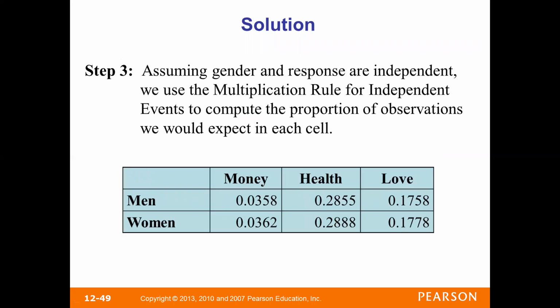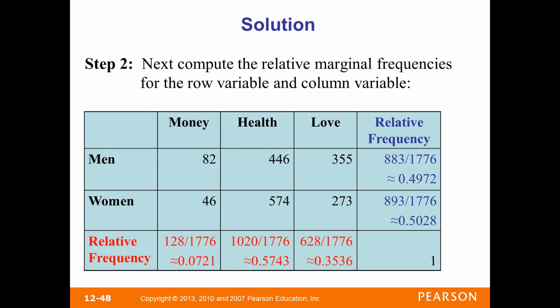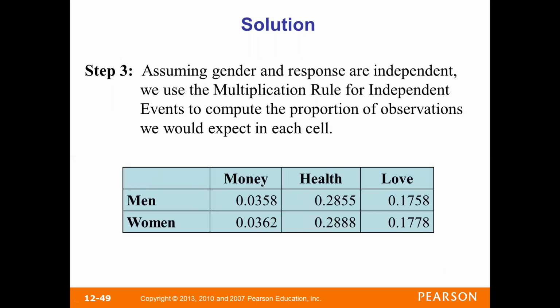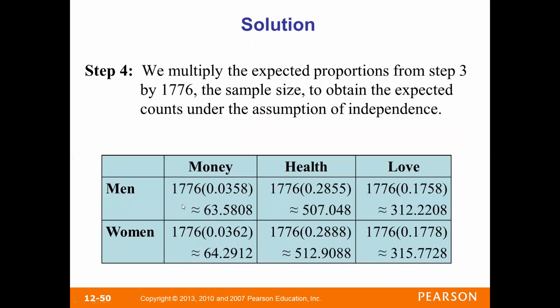Notice that that does give the following relative frequencies. If I multiply each of those by 1776, I get 63.58, a difference owing to some rounding.